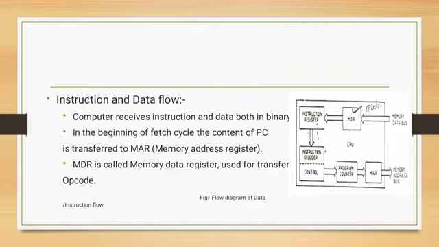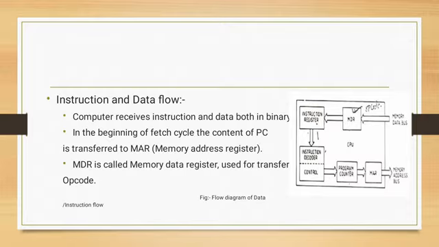Now in the next slide I have discussed the instruction and data flow. If we carefully observe this figure, we can see that the opcode first comes into the memory data register, denoted here by MDR, or simply called the data register as shown in this figure.